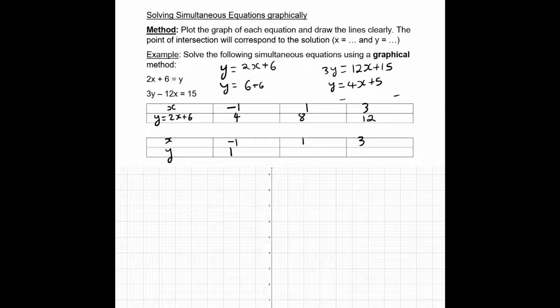When x is equal to 1, y is going to be 4 times 1 plus 5, which is 4 plus 5, which is 9. Finally, when x is equal to 3, I'm going to have 4 times 3 plus 5, that's 12 plus 5, which is 17.